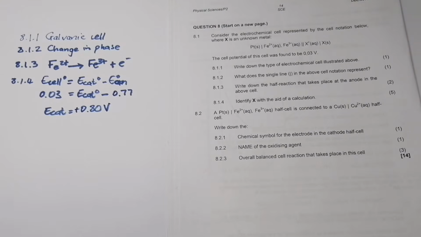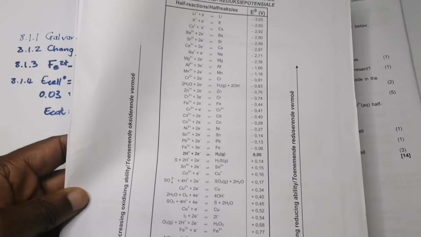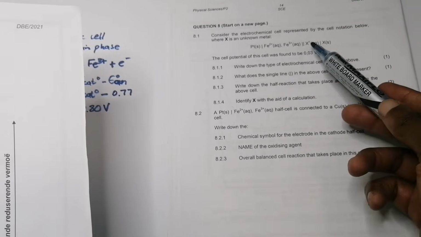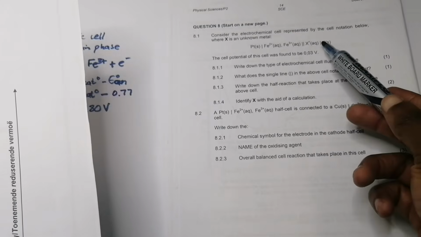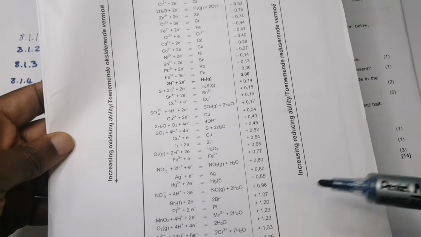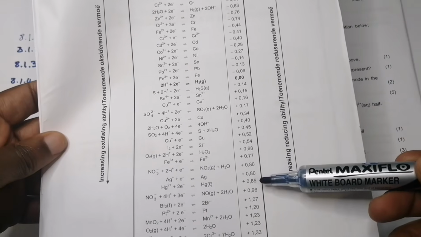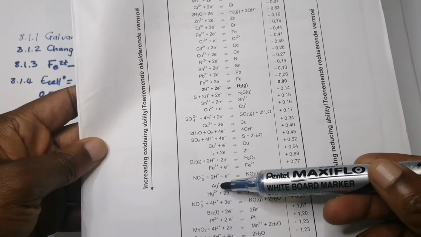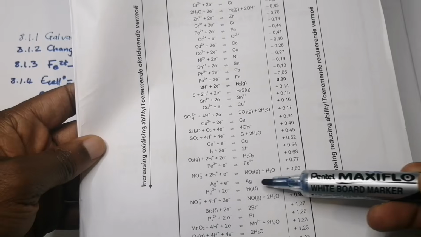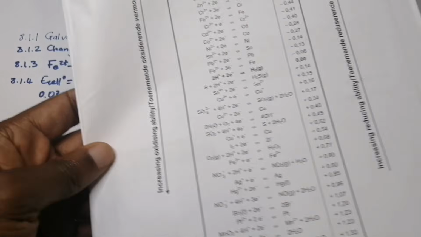So all I need to do now is go to my table and identify which one. And remember, it's aqueous to metal, that solid form there. So 0.80, you go to your table, and there it is, and we see that it is silver.